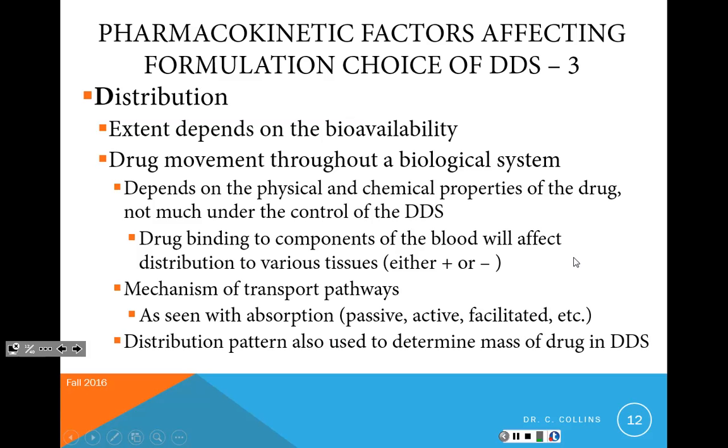Distribution. Where does it go once it gets in? Now here is where our choice of drug delivery system kind of fails us. Once it's in the body, how the body handles it, our drug delivery system is now kind of out of the picture. We just needed to get it in there, and then what the body does to it is almost out of our control. Changing its chemical form somewhat can affect it.